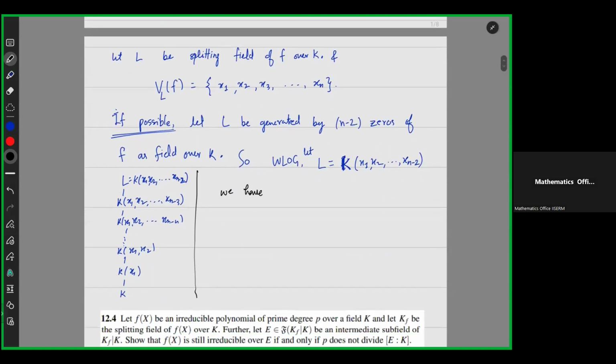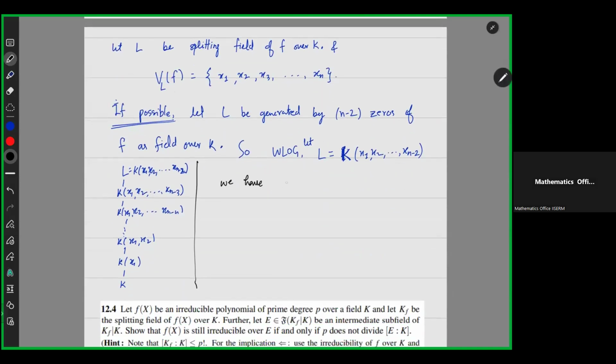We have the Galois group of F over K, defined by Gal(L/K), where L is a splitting field of F. They are all splitting fields up to isomorphism, so anyway, L is a splitting field of F, and we consider the Galois group of L over K.